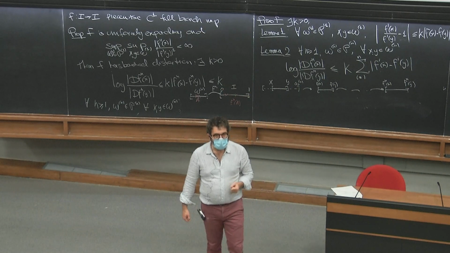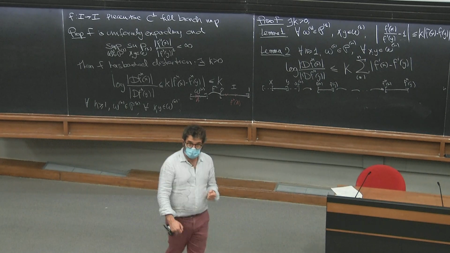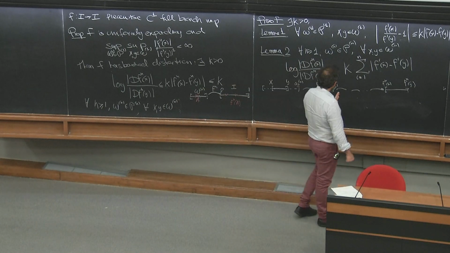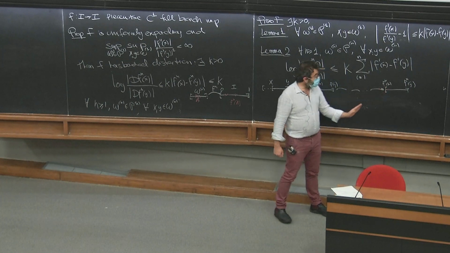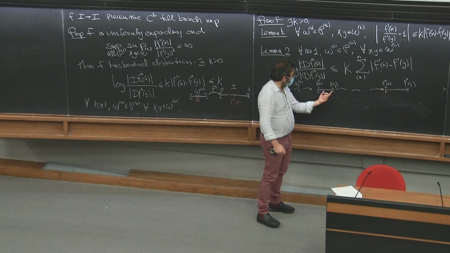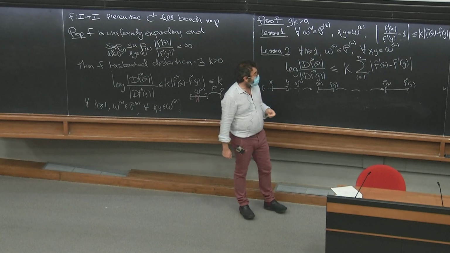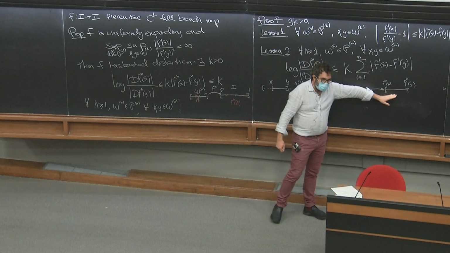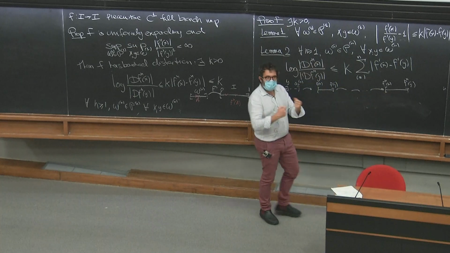Exactly, the size of the interval. The fact that this is a uniformly expanding map means that this is exponentially large compared to this one, but it also means that this is exponentially small compared to this. So it can go both ways.